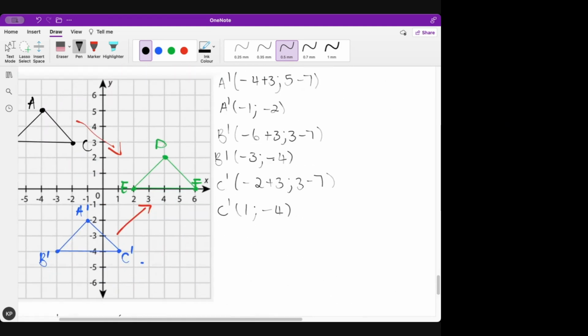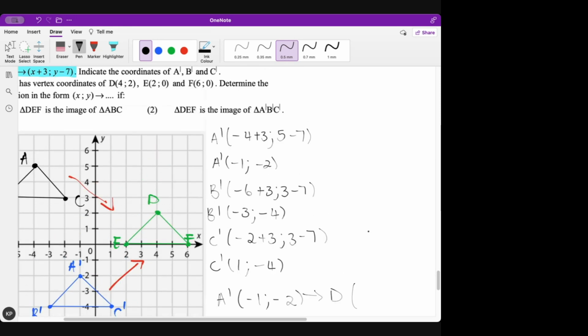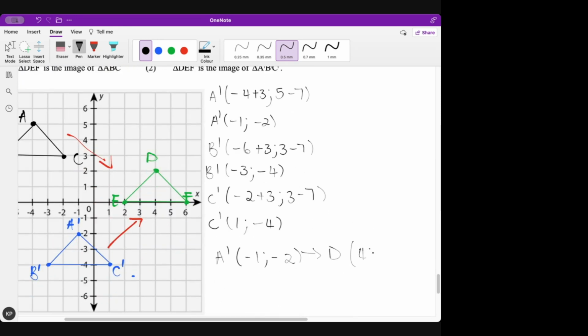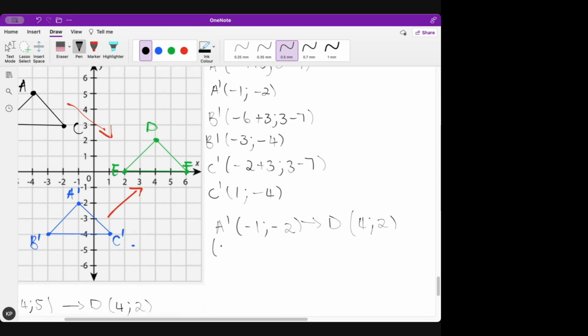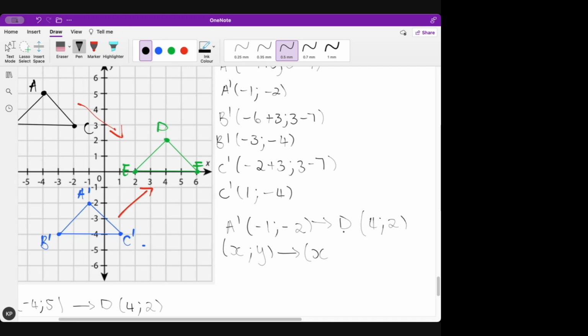Then let's find the general rule for A prime, B prime, C prime being moved. So we went from -1, -2 to D, which is 4, 2. Start with X. Is that a plus or a minus for A prime? Plus, and how many times did we move?